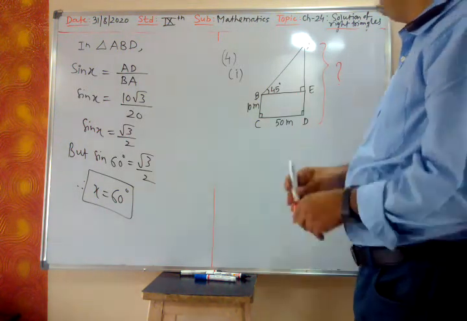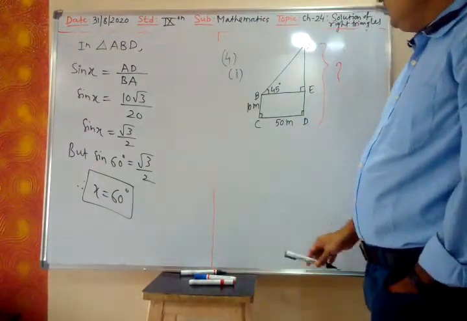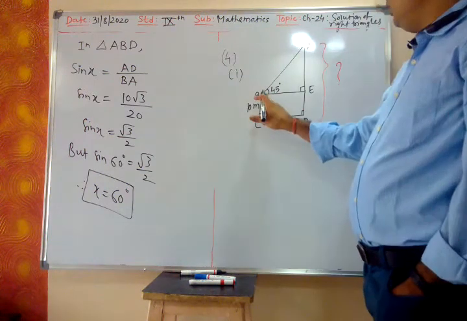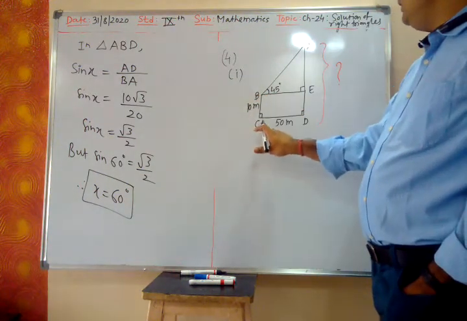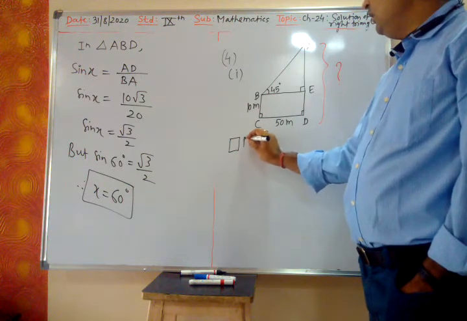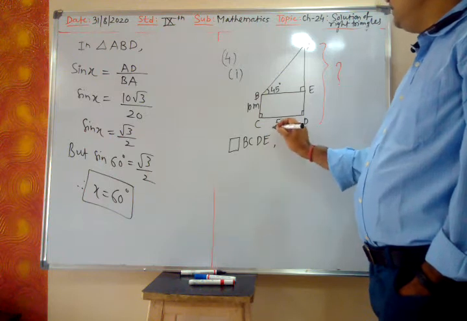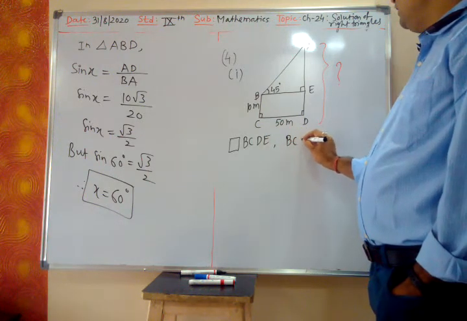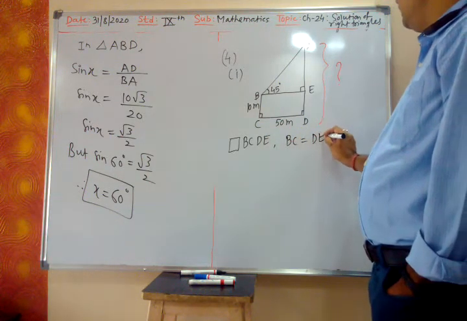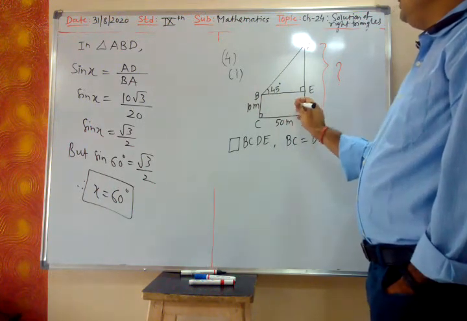Now if you see this quadrilateral BCDE, BC is equal to DE because it is a rectangle.